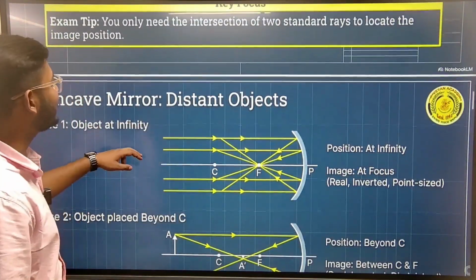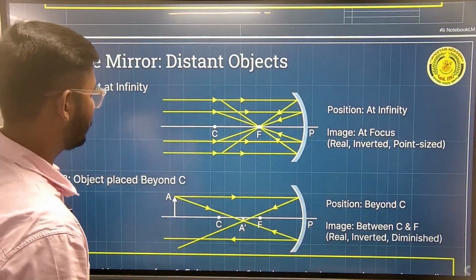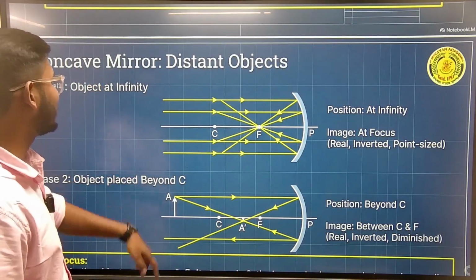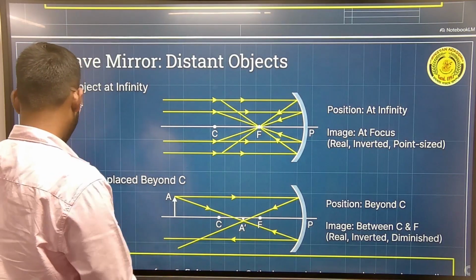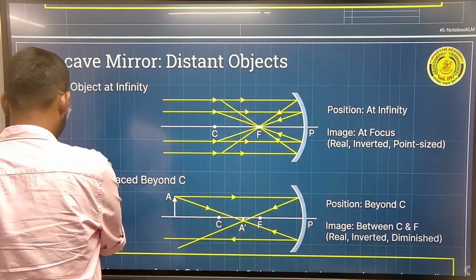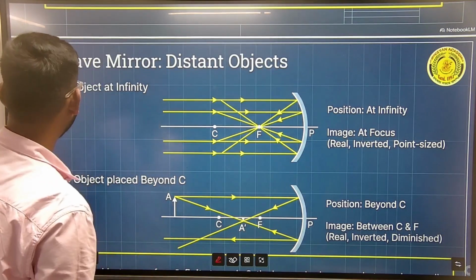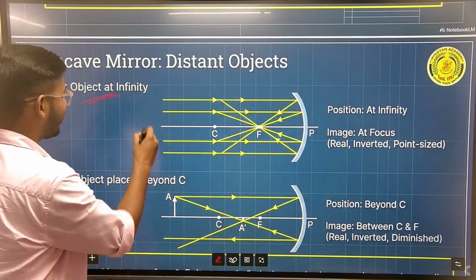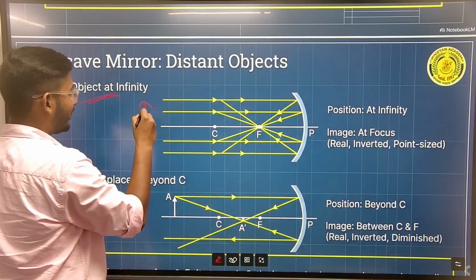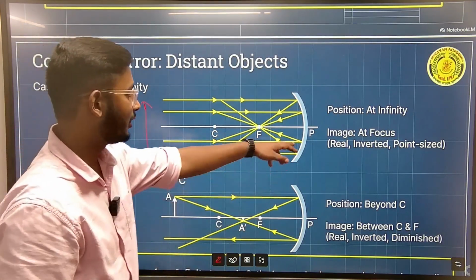Okay. So these are some ray diagrams of concave mirror. Number one is when we place an object at an infinite distance from the concave mirror.